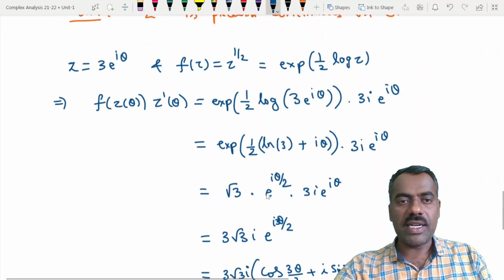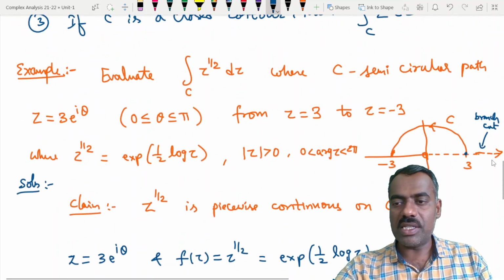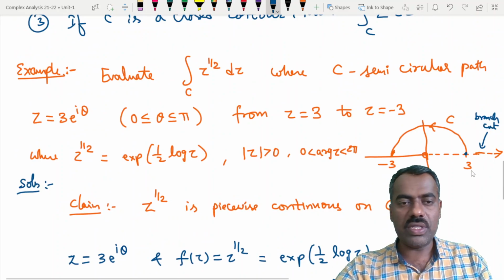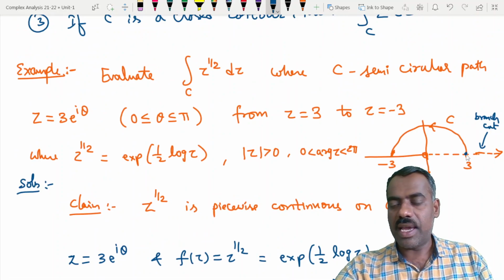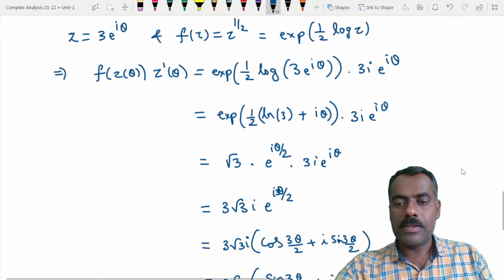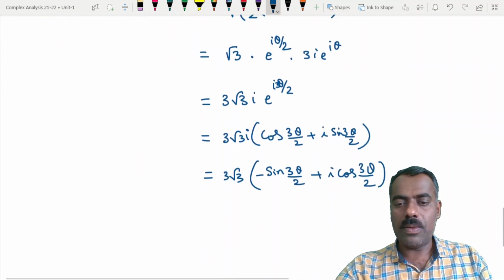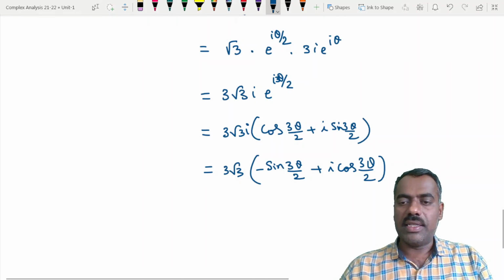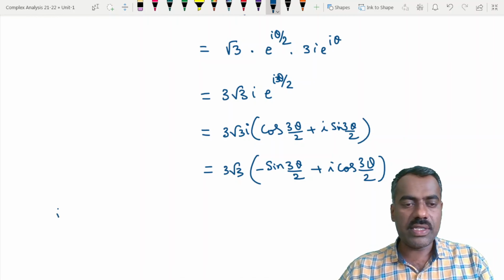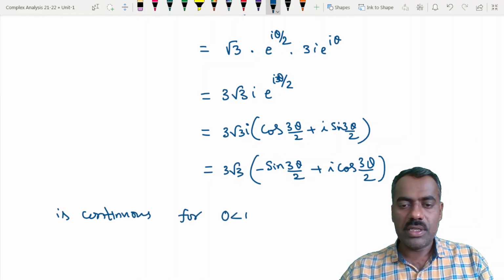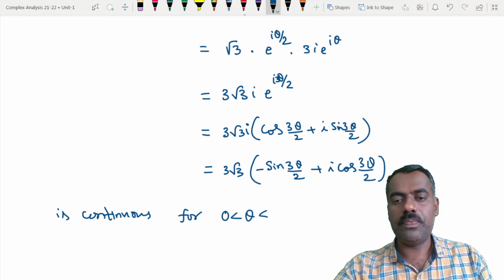Now you can check that the only problem is that theta is equal to 0, because when z is equal to 3, this becomes theta angle is 0. Okay, so whatever you are taking here, this is continuous, there is no problem, right? This is continuous for theta between 0 and pi.